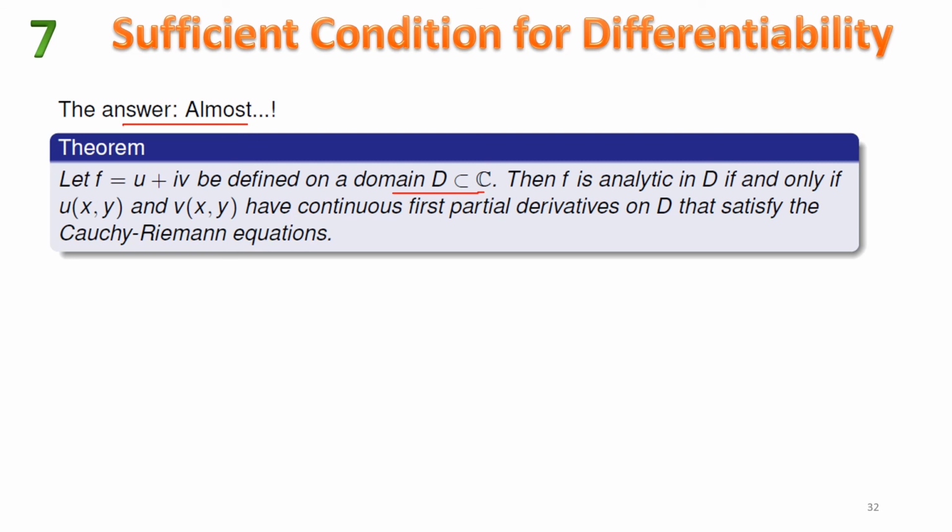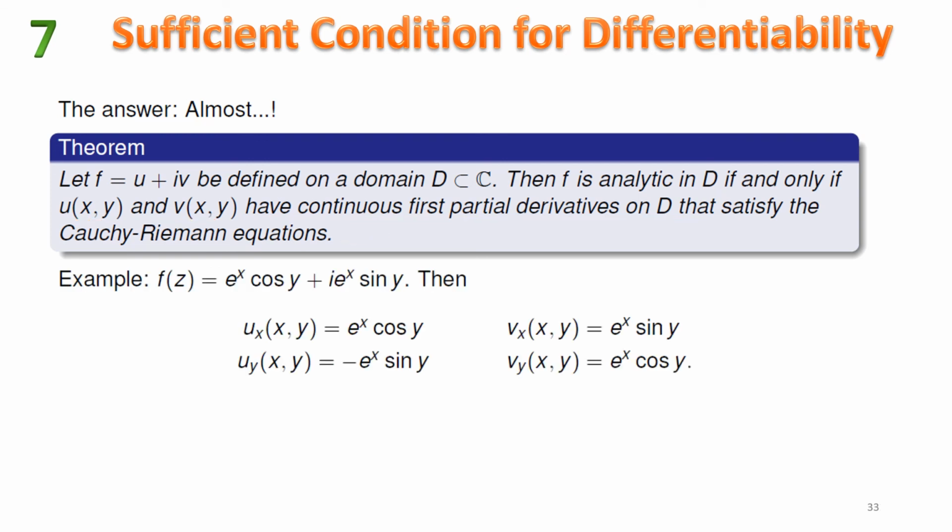Then f is analytic in the domain T if and only if u and v have continuous first partial derivatives on T that satisfy the Cauchy-Riemann conditions. So yes, in fact, it forms a sufficient condition for differentiability.